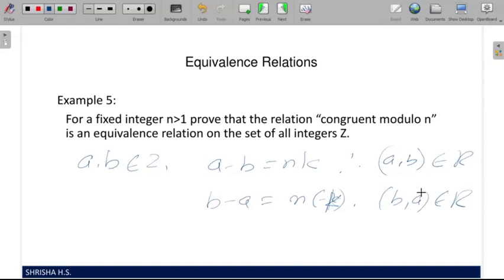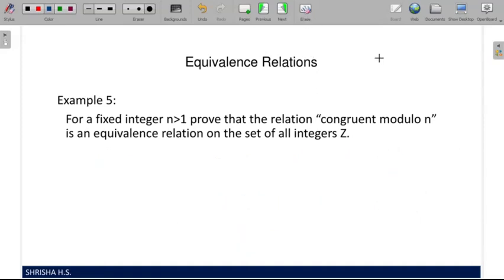Therefore R is a symmetric relation. Okay, so whether it is transitive: (a, b) belongs to R and (b, c) belongs to R, then (a, c) should belong to R. So that's the requirement.